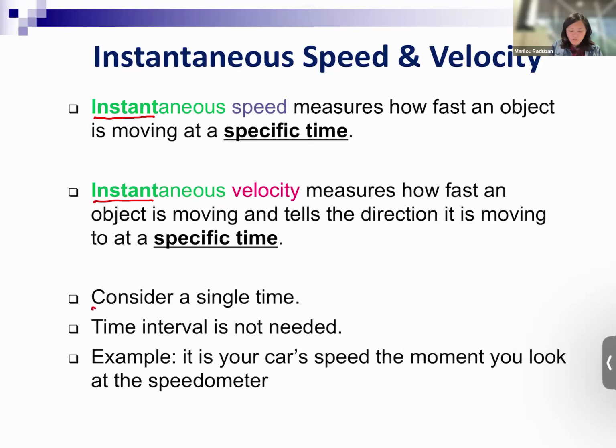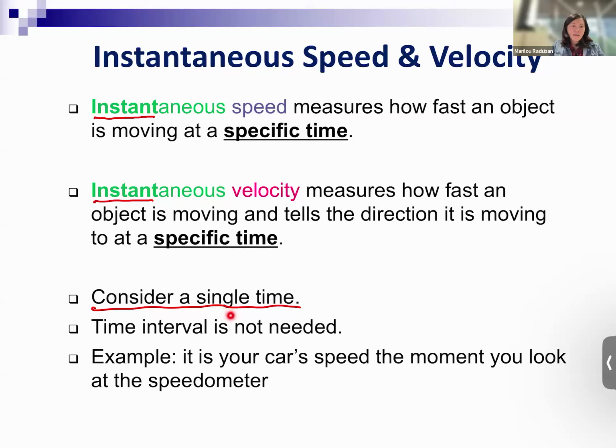So you only consider a single time. We don't usually do the calculation like we did for average velocity and average speed. Instantaneous speed gives us only how fast the object is moving at a single time.